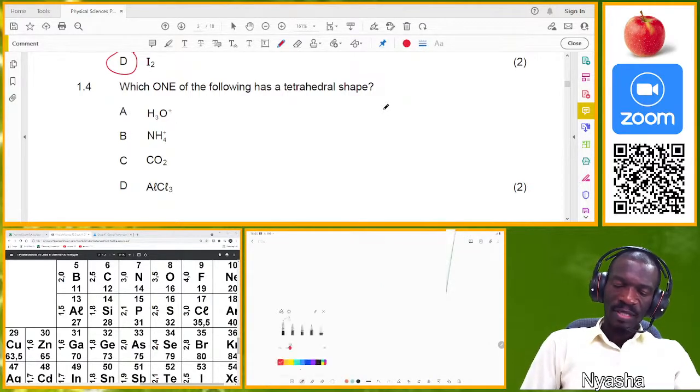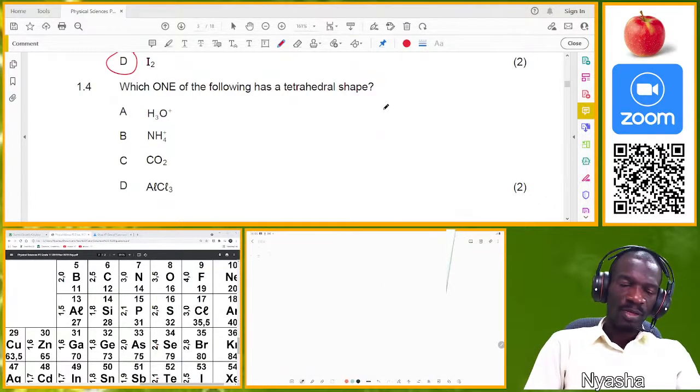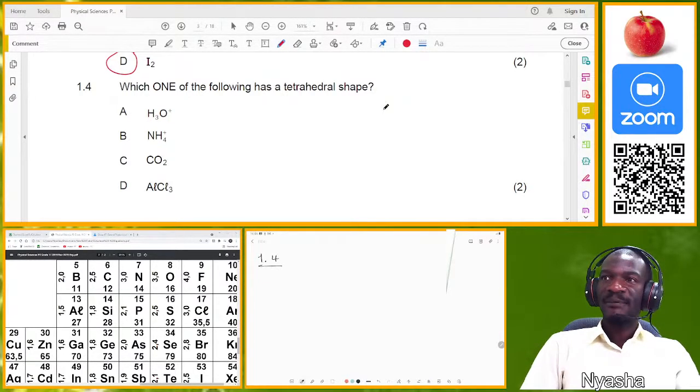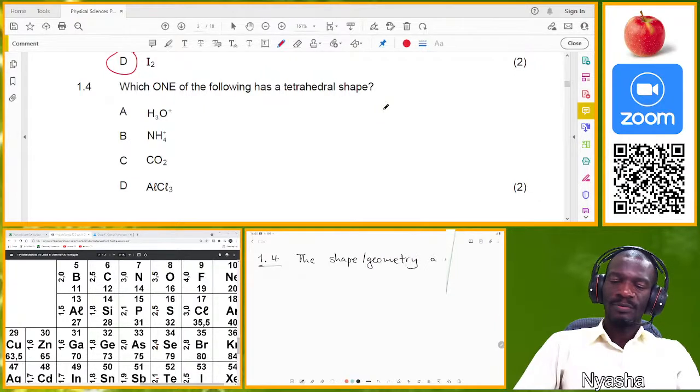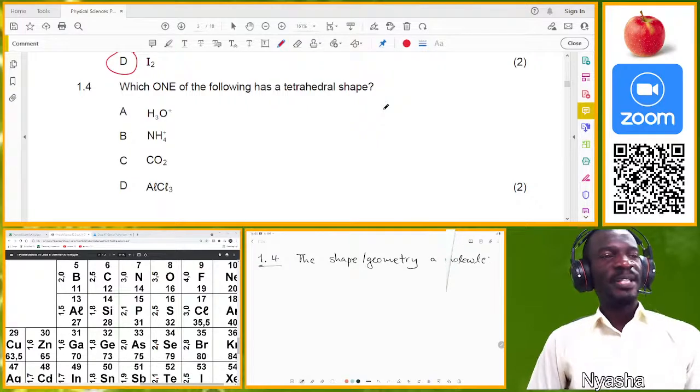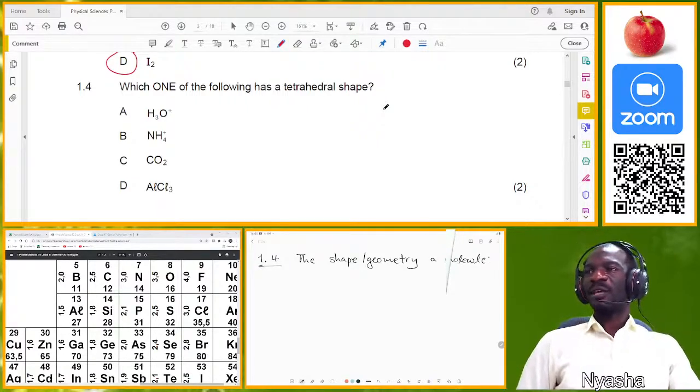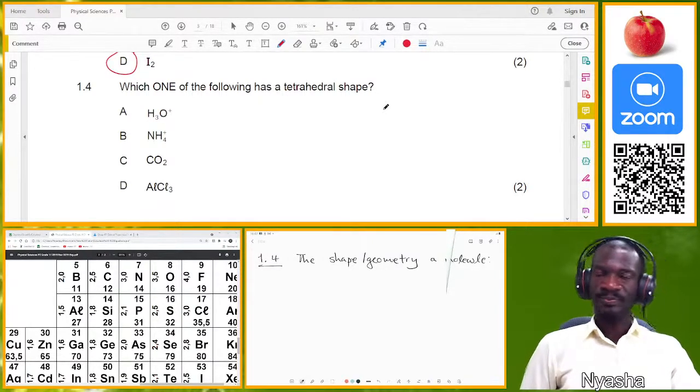So 1.4 is for us to find the geometry, the shape or the geometry of a molecule. Molecular geometry. So how do we determine the geometry of a molecule?